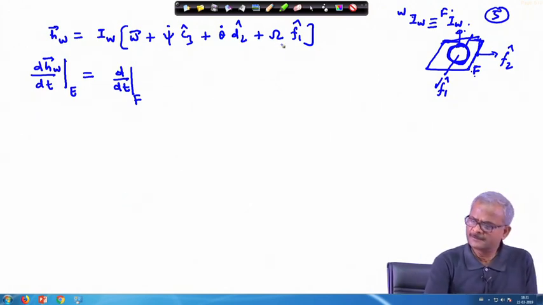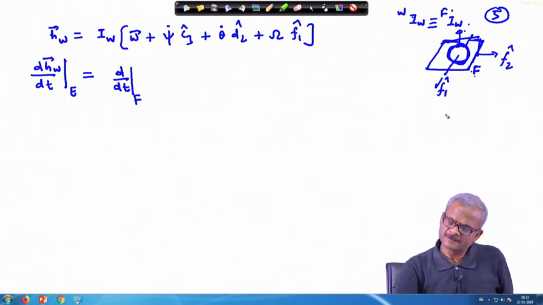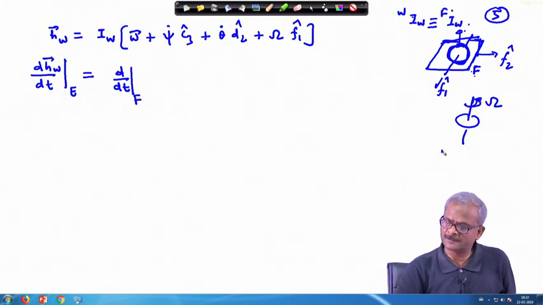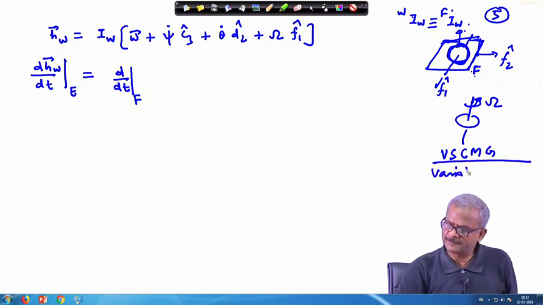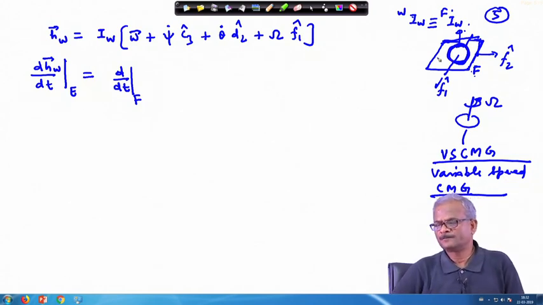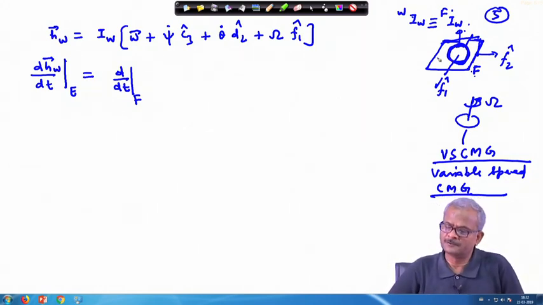Okay. So, here in this case I am discussing a case where your wheel speed, this angular velocity of the wheel, is also changing, and this particular part is called variable speed control moment gyros, variable speed CMG, means you are changing this also, and this provides 3 degree of control. Okay.